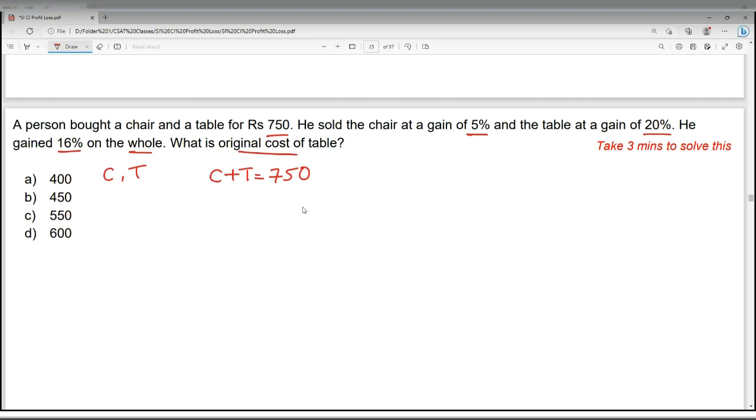He sold the chair at a gain of 5% and the table at a gain of 20%. And after that, he has gained 16% on the whole. What is the original cost of the table?